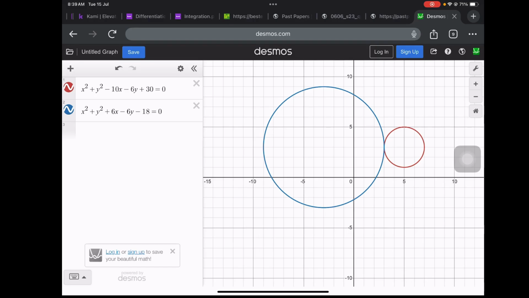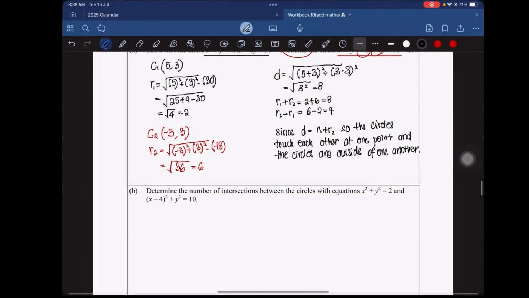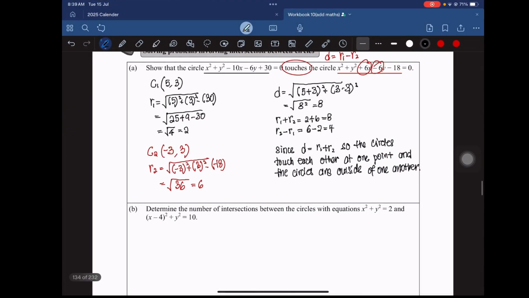Now, the next question, because we have shown one of them.